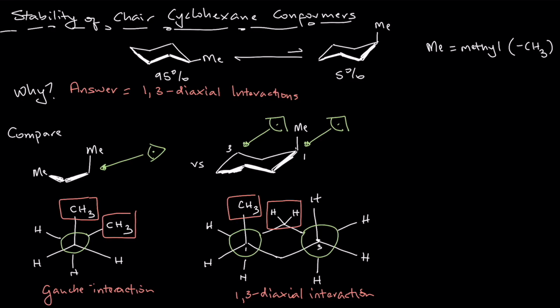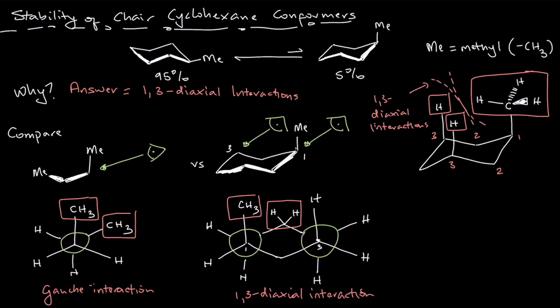So let's look at what that looks like spatially on a ring. Okay, so what I have done here is I've redrawn the axial methylcyclohexane. Now I'm going to explicitly show you that CH3, or the methyl group, in its full glory. And I've also shown you the axial hydrogens that are 3 away from that methyl. So think about this as 1, 2, 3. Carbon 1 is the carbon bearing the methyl, and the carbon 3s are the carbons bearing those axial hydrogens.